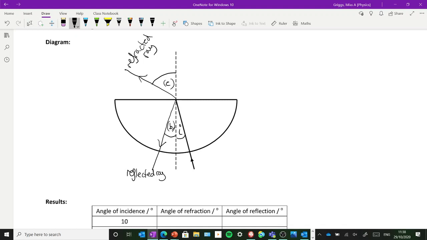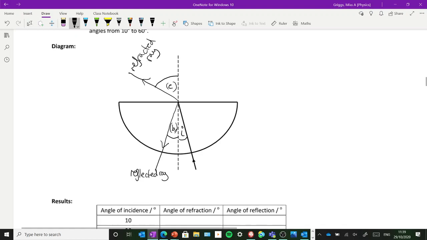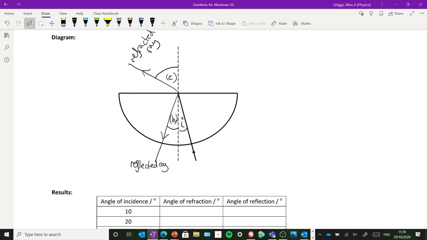So it's a little bit more complicated than you have done in the past. Angle of refraction is C, and angle of reflection is B.